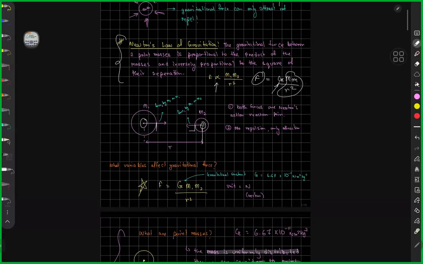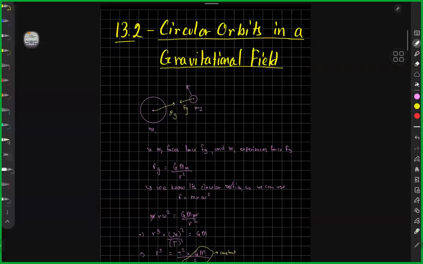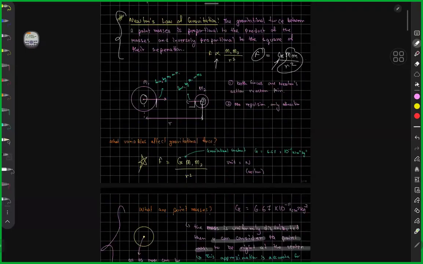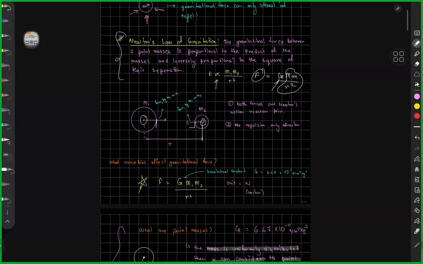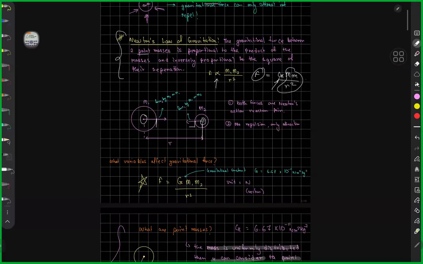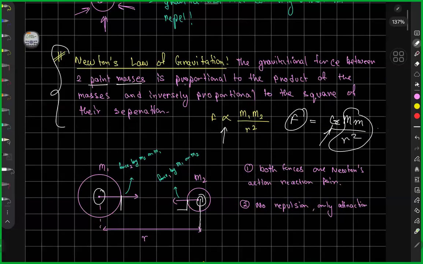Let's say I have an object over here, and I have another object over here. Now, what I want to show you using the law of gravitation, which says the gravitational force between two point masses is proportional to the product of the masses and inversely proportional to the square of their separation.